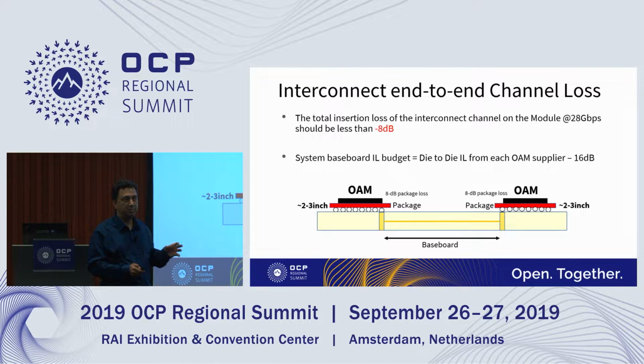For example, the UBB that we're designing right now is going to have some insertion loss, so we will have to accommodate for that. Our main target now is 32 gigabits per second, similar to what PCIe Gen 5 might be doing. So that is our target now.